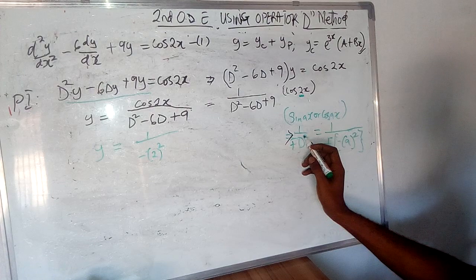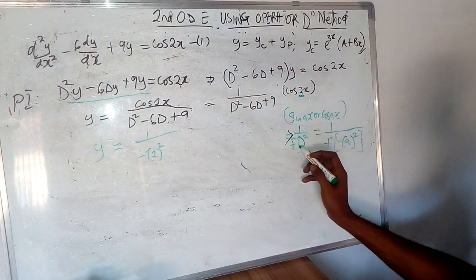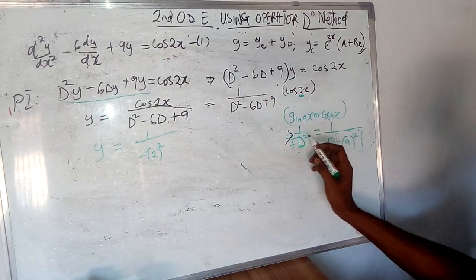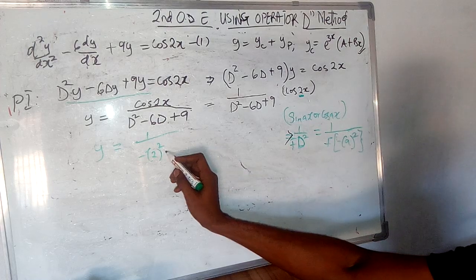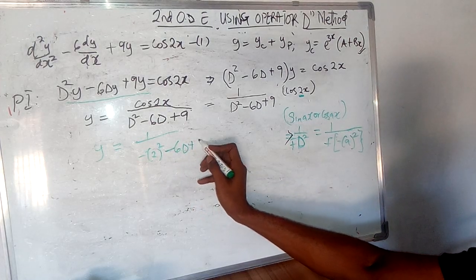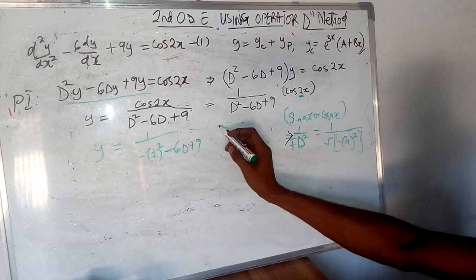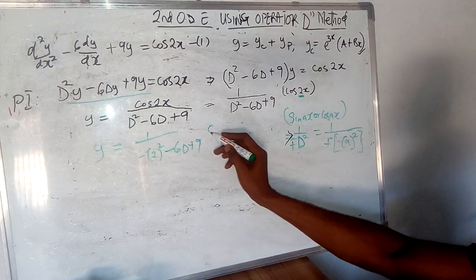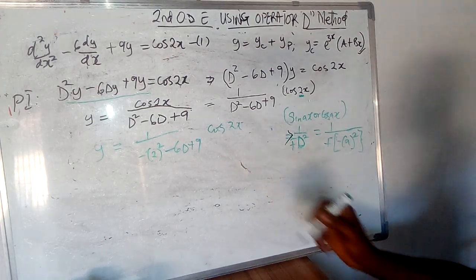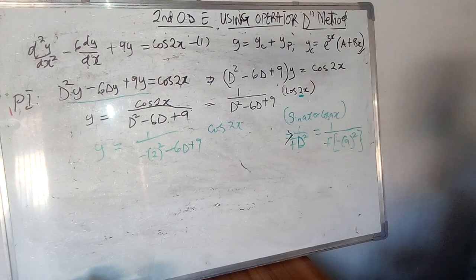Wherever you see D squared, sorry, don't get it mixed up, wherever you see D squared, not D, so this will be minus 6D plus 9 cos 2x. Okay?